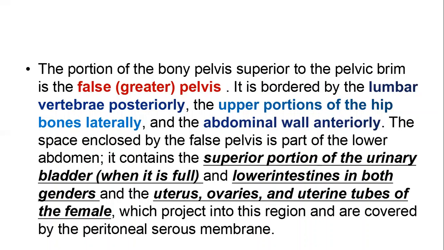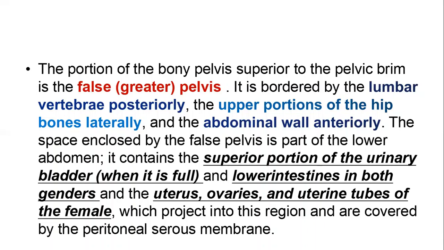As well, the uterus, ovaries, and uterine tubes of females are found here, which project into this region and are covered by the peritoneal serous membrane. So these are the contents of the greater pelvis.